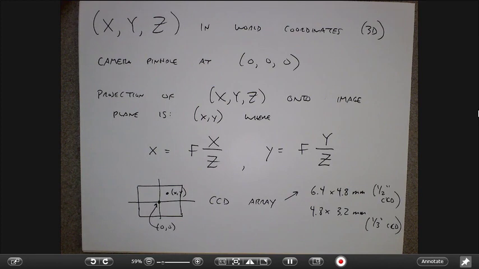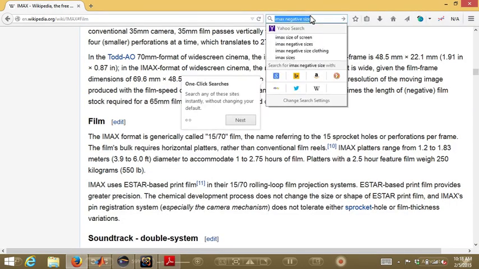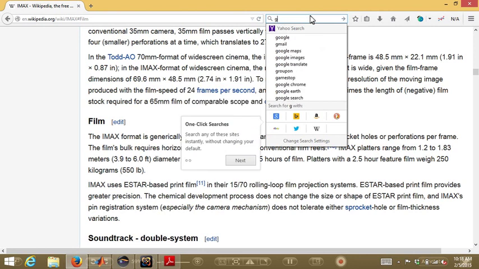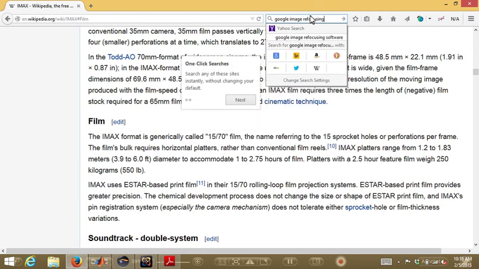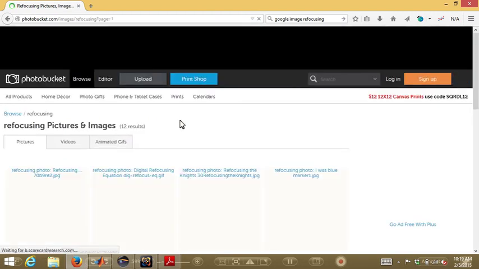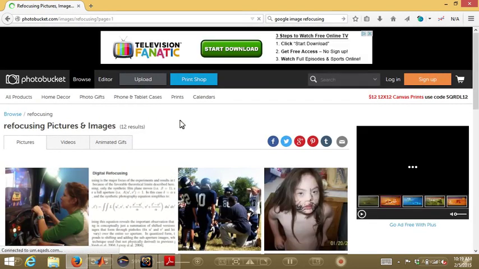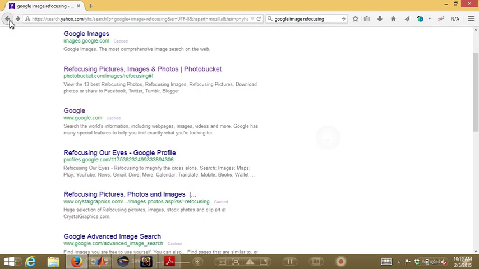refocusing algorithm. I guess I'm kind of getting off topic here, but I guess while we're here. Let's see here. I'm not sure if I can find it off the top of my head, but could be this one. Okay, I don't know what's happening with that one there.